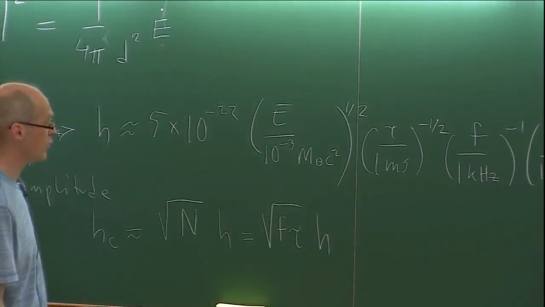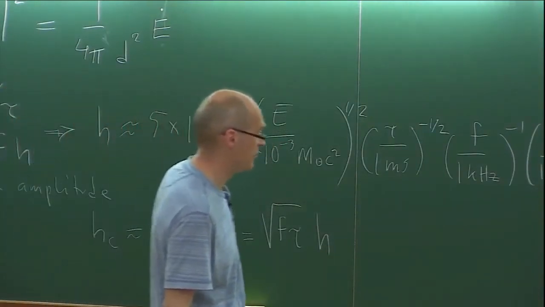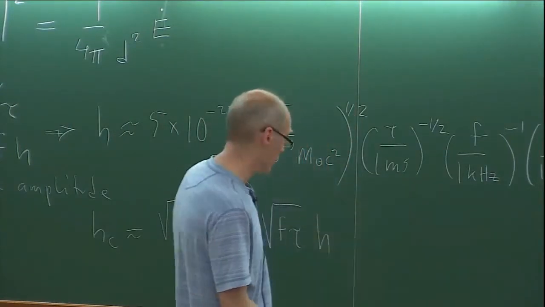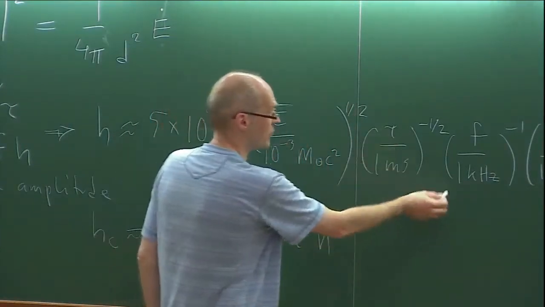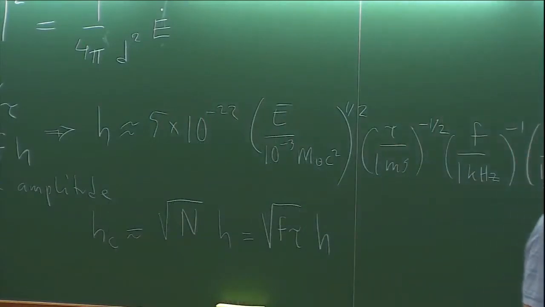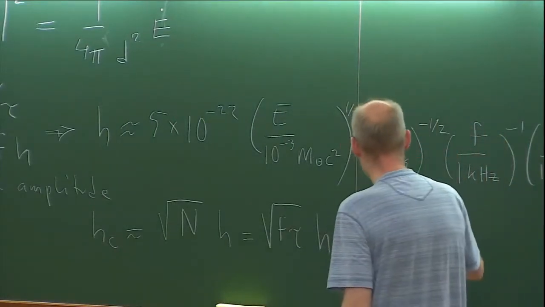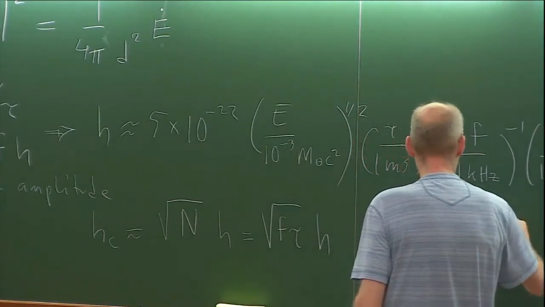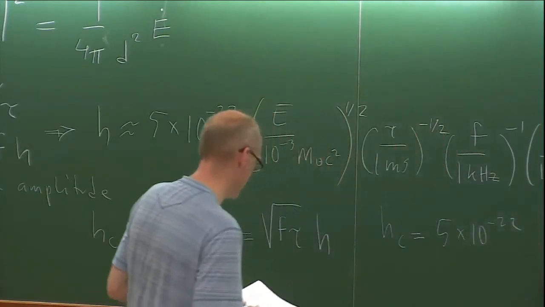And now you see why it was immensely clever of me to have a kilohertz here in a millisecond. When I put this factor in, those two just drop out. Okay? And what I'm left with then is an estimate that says that hc is just 5 times 10 to the minus 22 again, which is lucky, I don't have to change the number.